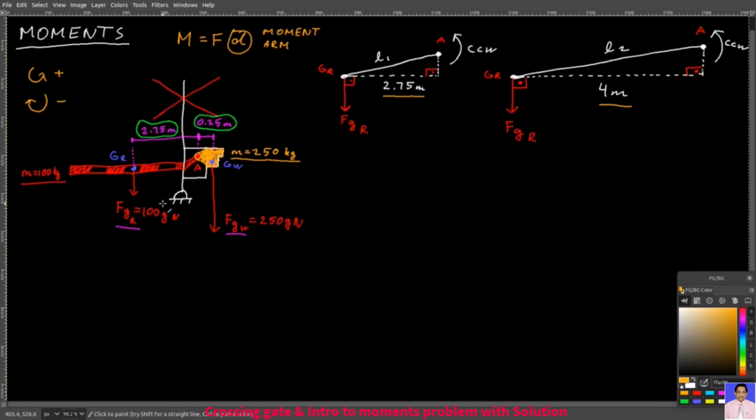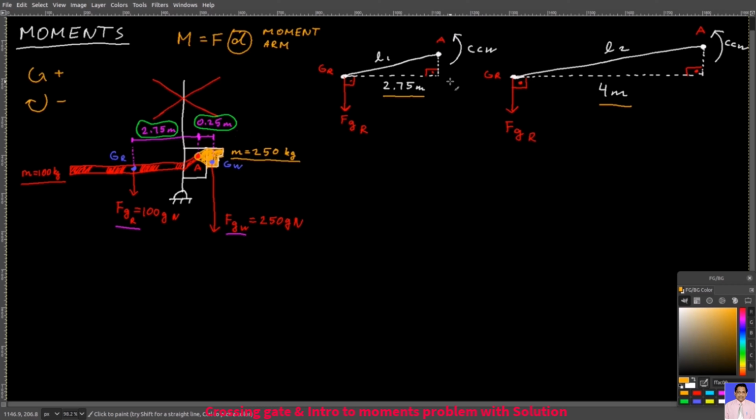Finally, note that I stress a lot perpendicular distance between the line of action of your force and the point you're measuring your moment about. Note that the real distance between FGR and point A is larger. In this case it's L1 and in this case it's L2.